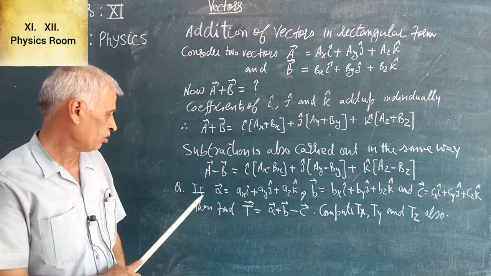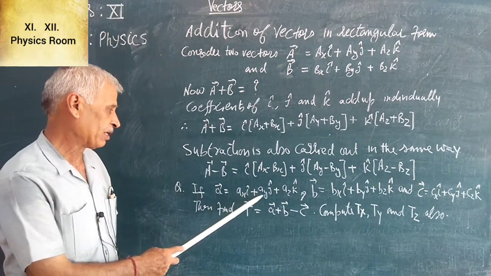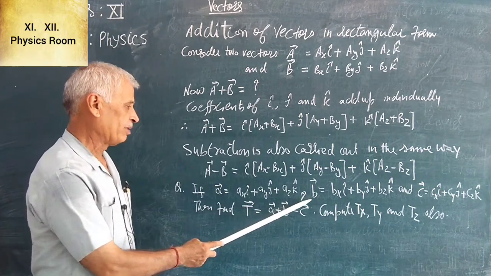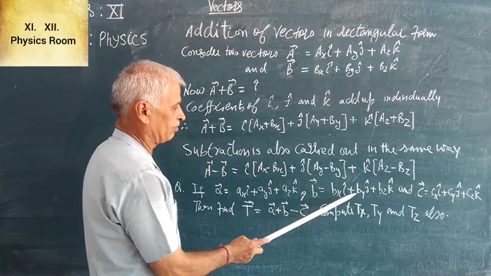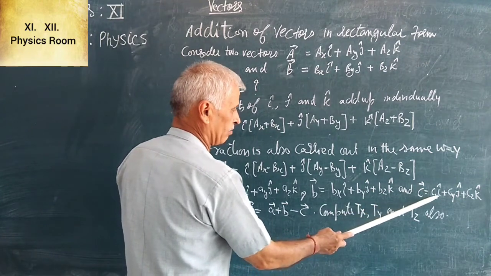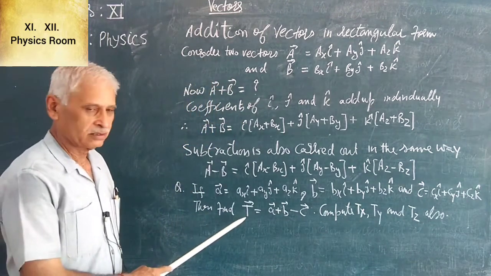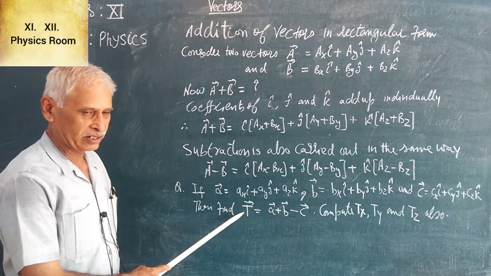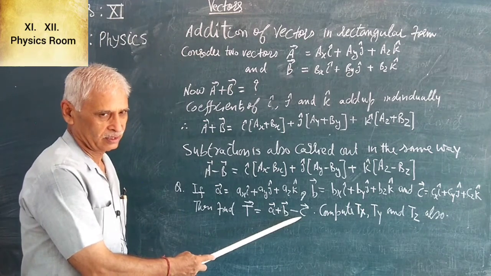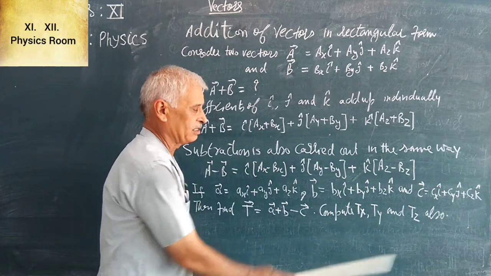Now a question for practice for you. If vector A is equal to ax I cap plus ay j cap plus az k cap, and vector B is equal to bx I cap plus by j cap plus bz k cap, and vector C is equal to cx I cap plus cy j cap plus cz k cap, then find the resultant of the three as vector T equal to vector A plus vector B minus vector C. Also compute Tx, Ty and Tz.